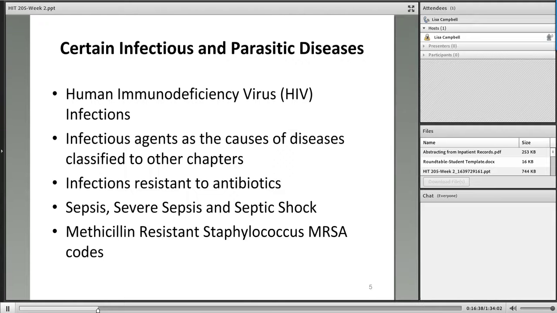Then there's a note that says if the causal organism is not documented, we're going to assign code A41.9, sepsis organism unspecified, and then additional codes if the patient also has acute organ dysfunction. So there's also a note, due to the complex nature of severe sepsis, some cases may require query to the provider. So last week, you were provided with an opportunity to determine if we should query regarding what was documented.